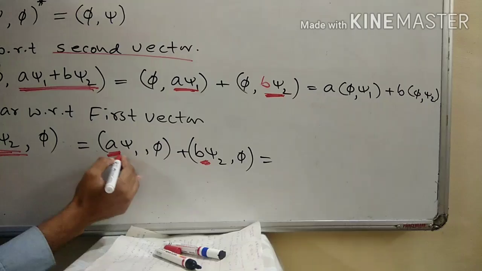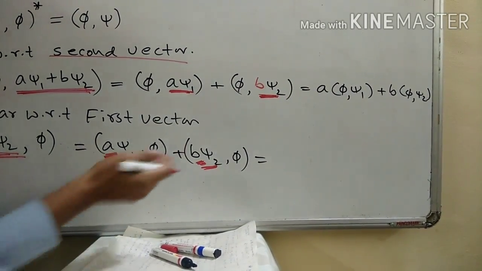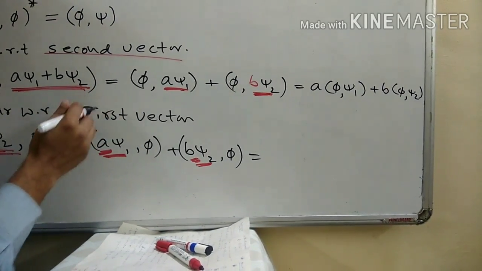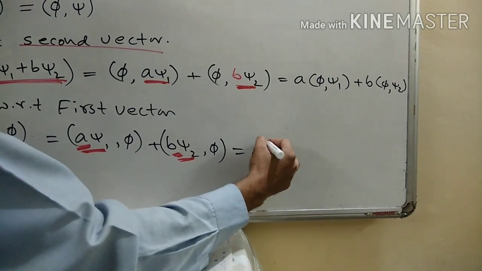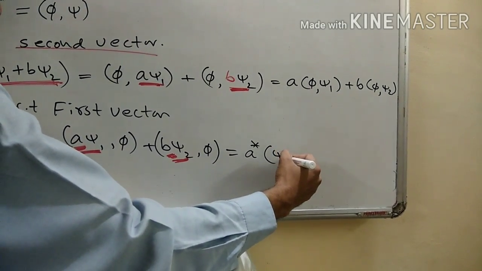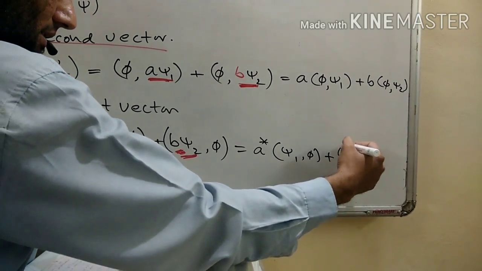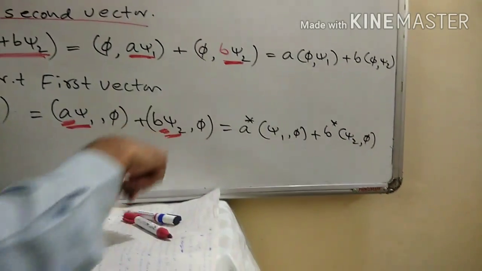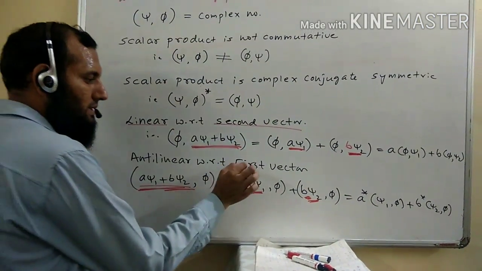But here the scalar is in the first vector, so we can't just take it out. If you want to take it outside the scalar product, it should be written like this: a conjugate psi 1 phi plus b conjugate psi 2 phi. So this property is called antilinear with respect to the first vector.